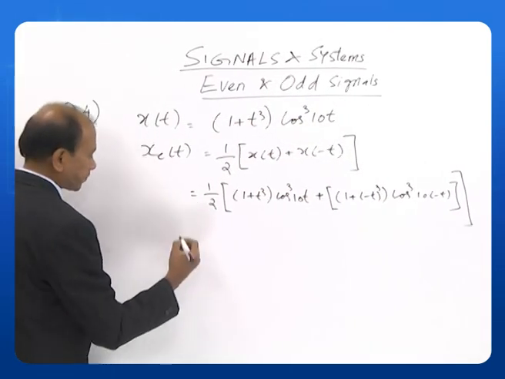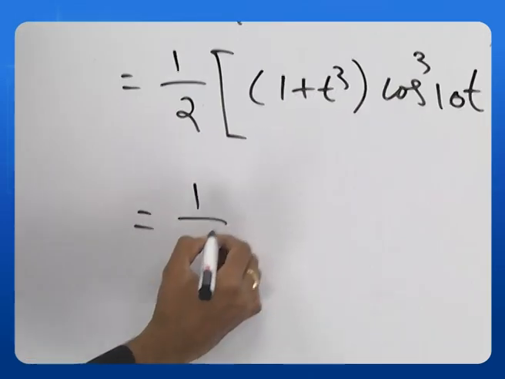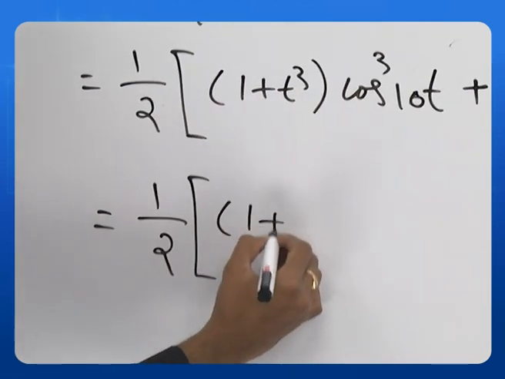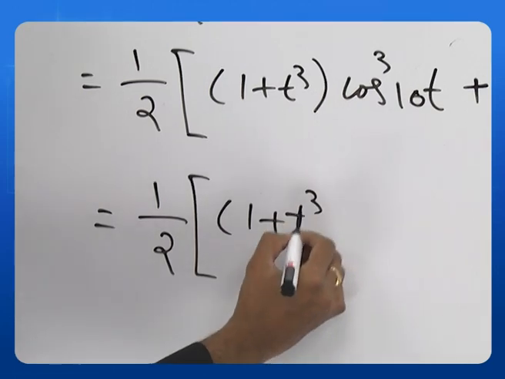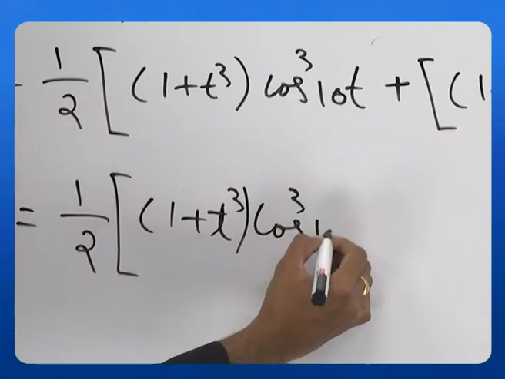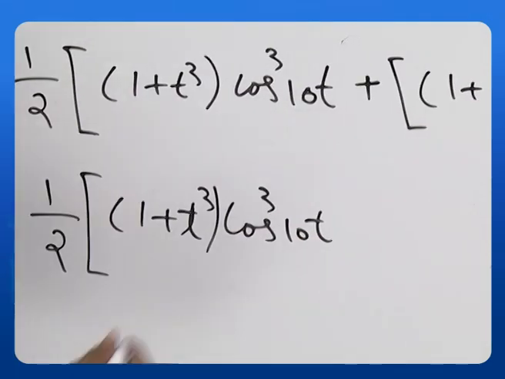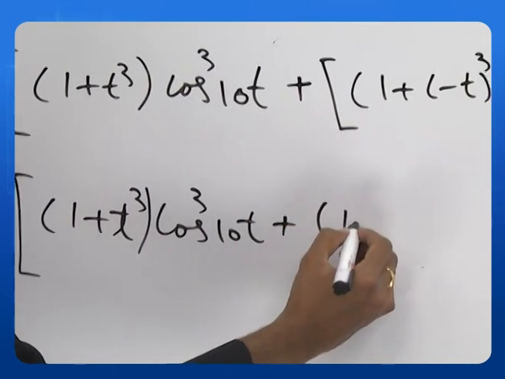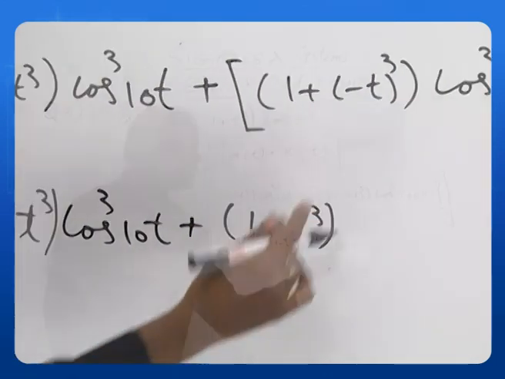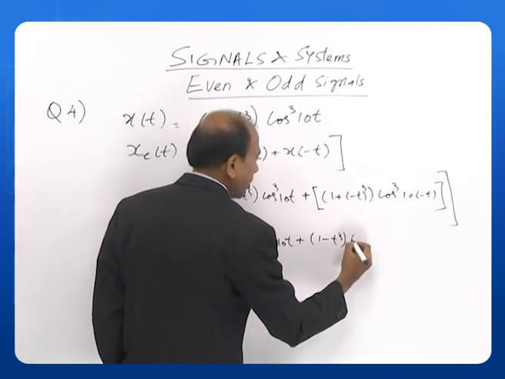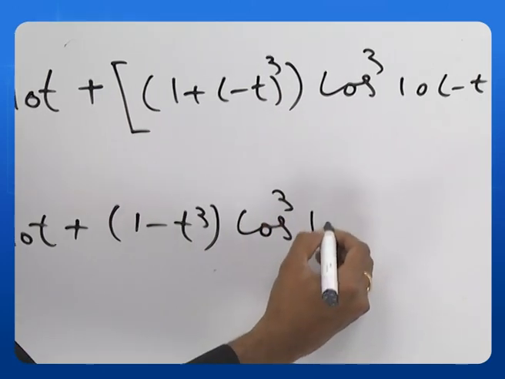So, now this I can write as half of 1 plus t cube cos cube 10t. Okay. Now, if you look at this, this is minus t cube. So, this will be 1 minus t cube, cos of minus theta is always cos theta, into cos cube of 10t.